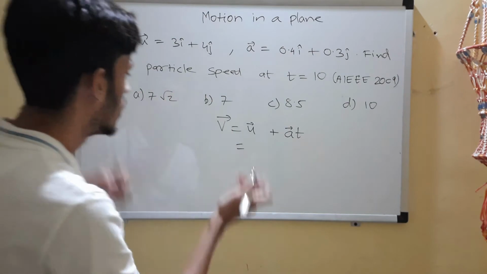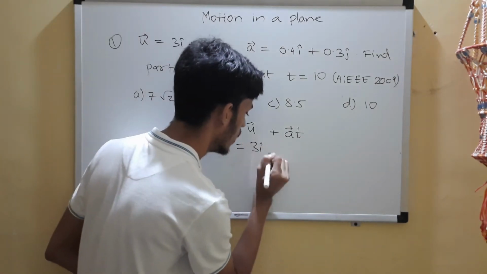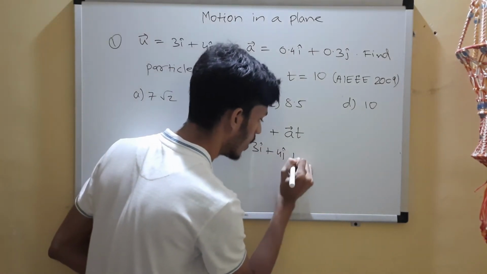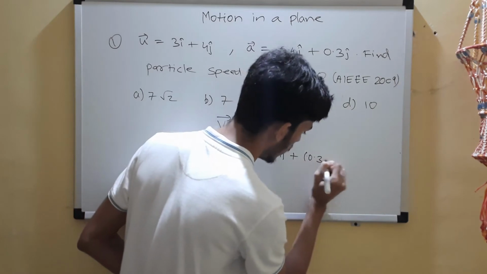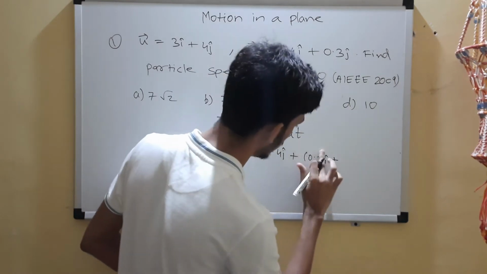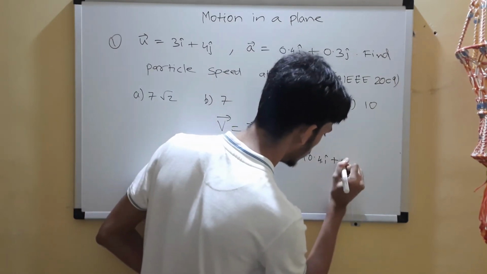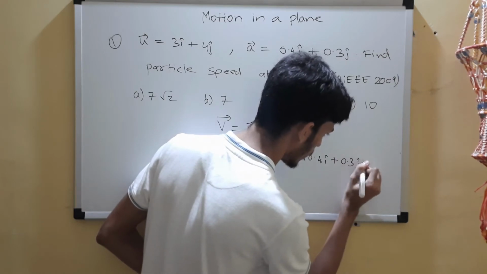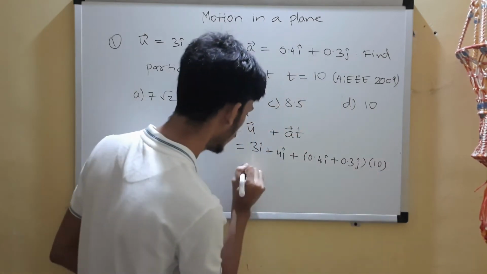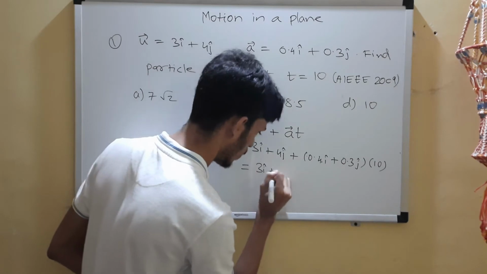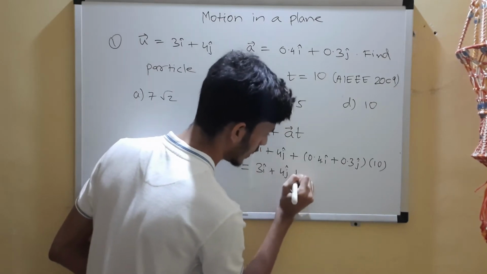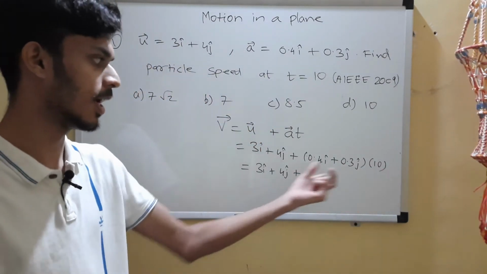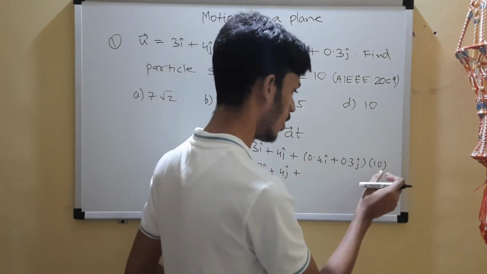So now just plug in the values. 3 i cap plus 4 j cap plus a, which is 0.4 i cap plus 0.3 j cap, into 10. So you already know scalar multiplication, right? How to multiply a scalar in component form?